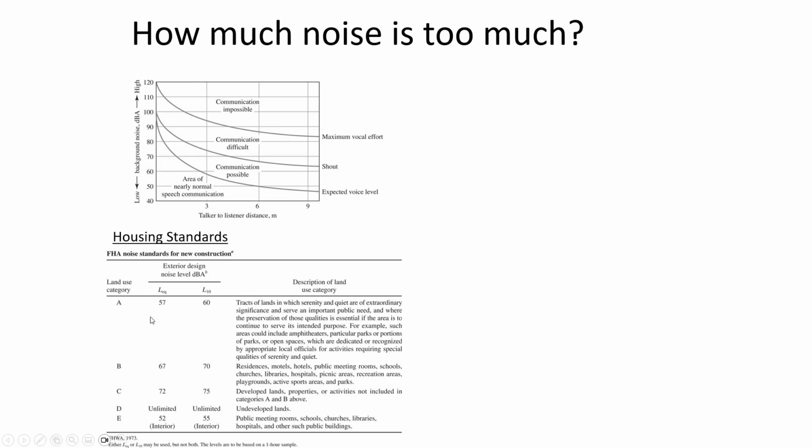And so this is describing the amount of noise that is appropriate for different types of uses. For buildings like hospitals, churches, and libraries, where we recognize that a low amount of noise is required for those sorts of activities, you'd want an interior noise level of 52 on a daily average and 55 on an L10 basis.